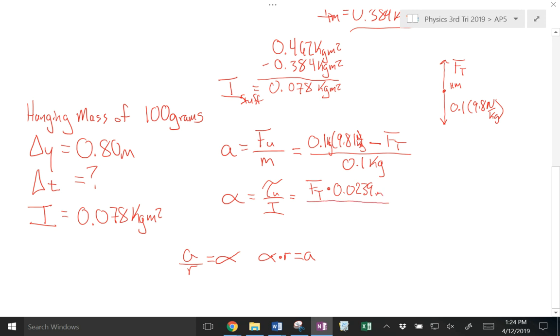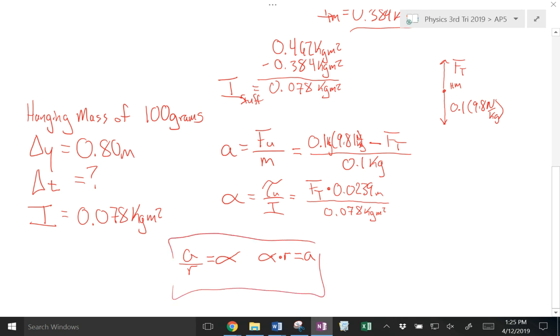Now I've got to divide it by the moment of inertia of the stuff. What is the moment of inertia of the stuff? We got that from up above: 0.078 kilogram meters squared. So does this equal this? No. Why not? What do we have to do? You've got to translate. It's this business.